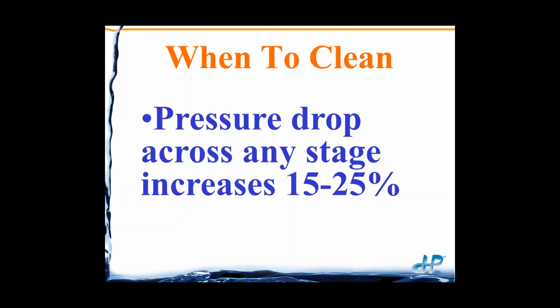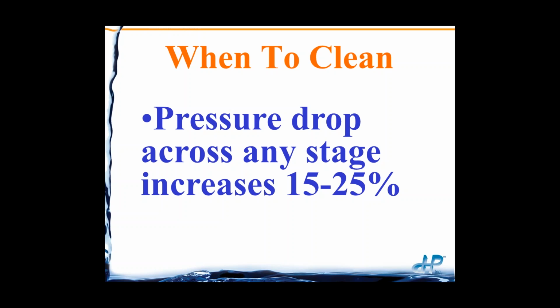This is fairly conservative. So if you clean at this early stage, you may be able to easily get an RO unit cleaned back to new or near new performance in just 3 or 4 hours of cleaning.